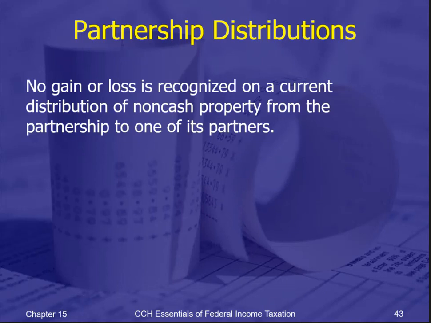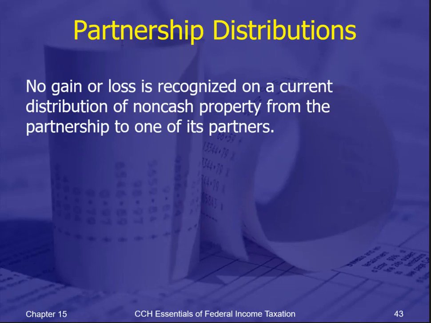There is no gain or loss on distribution of property or cash or anything from a partnership to its partners. It's a non-tax transaction, and if there's a distribution of property, then the basis just carries over to the partner from the partnership.